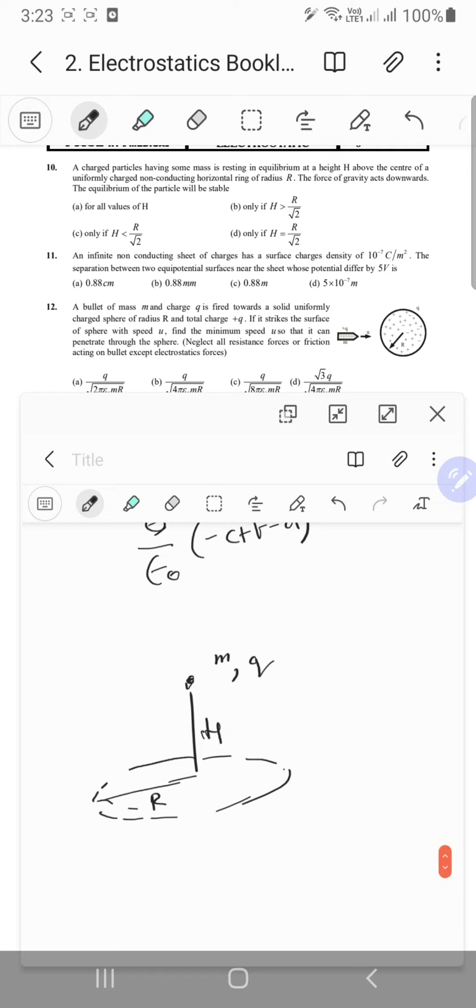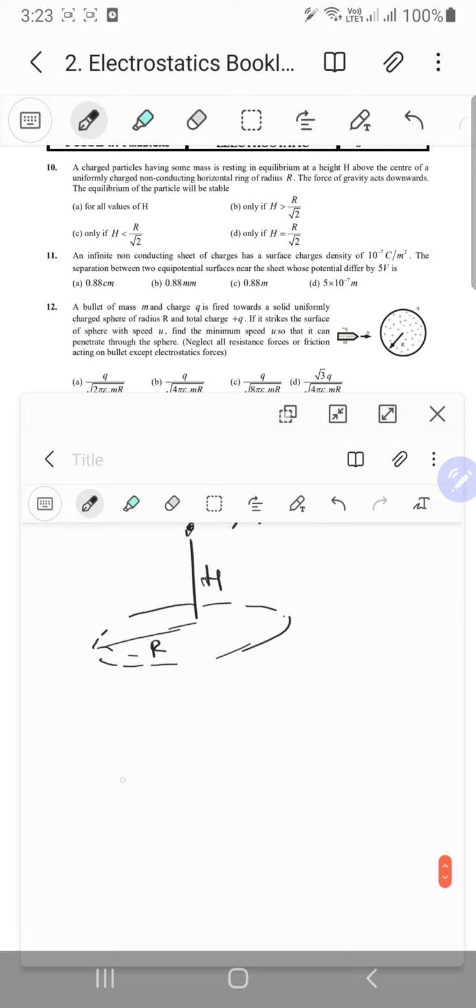So we just need to find, okay, let's just do this. What's the force on this thing? It's got this ring. It's at a distance x over there. Let's call it radius r, so the distance should be square root of r squared plus x squared.